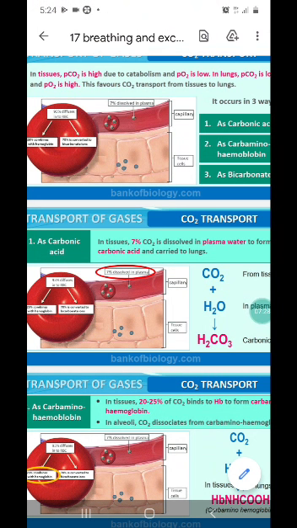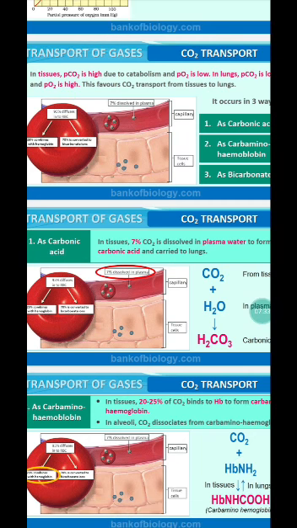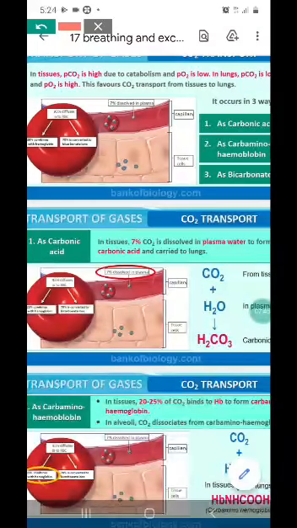The major way of transport of CO2 is as bicarbonates. Okay, right, we'll see each of these cases. So in tissues, nearly 7% is transported as carbonic acid, just simply dissolving in plasma to form carbonic acid.